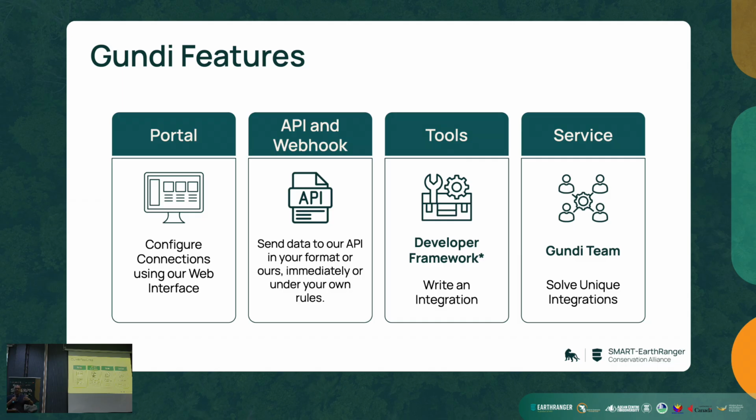We can set up a GUNDI account, which will enable Bia to configure new connectors. So I'm interested in getting Global Forest Watch fire alerts. All you have to do is go to your workspace inside GUNDI, select Global Forest Watch, and then route that to a certain destination.